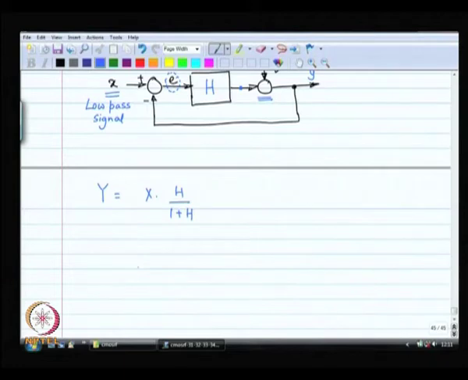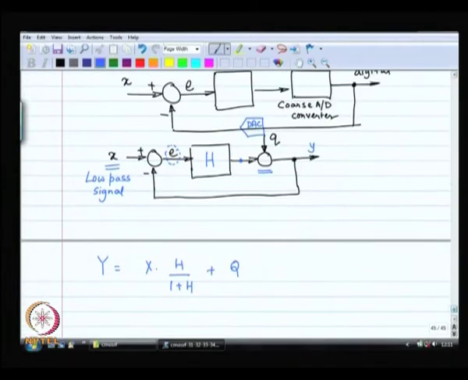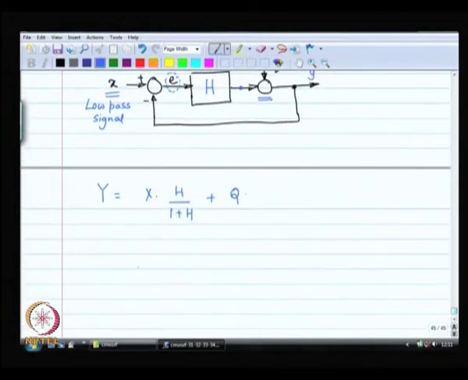Loop gain is equal to minus H. Plus Q, that is the quantization noise you have added, times 1 by 1 plus H. Forward gain is 1 and loop gain is minus H. So, this is the characteristic of Y.